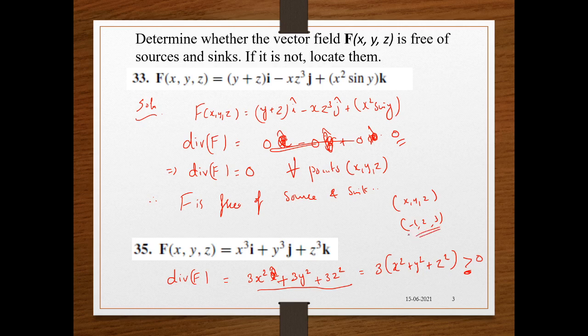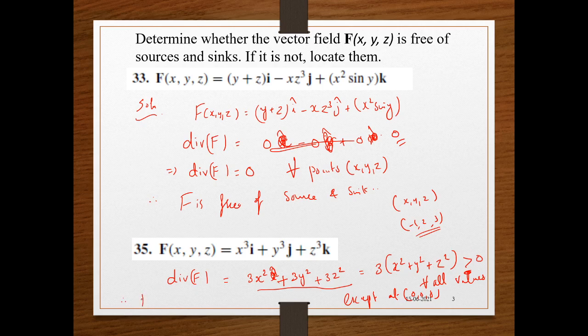Any value you take, here it is all square terms, so this is positive for all values except at 0, 0, 0. So except at 0, 0, 0, for all values, divergence of f is greater than 0.